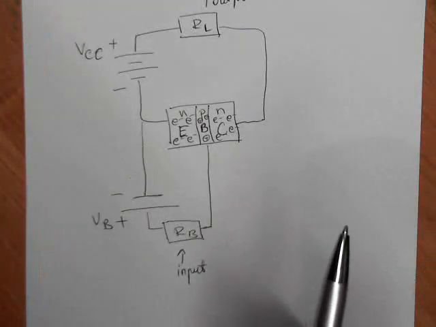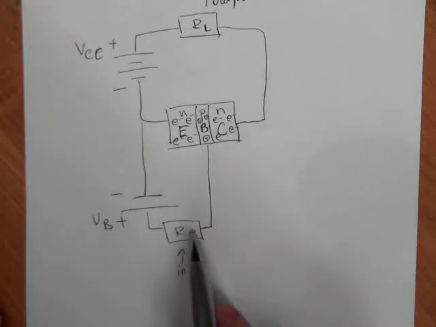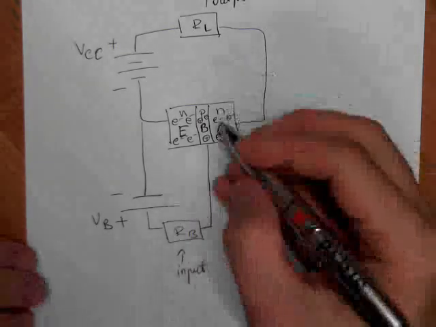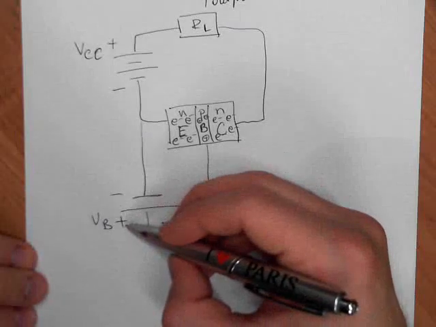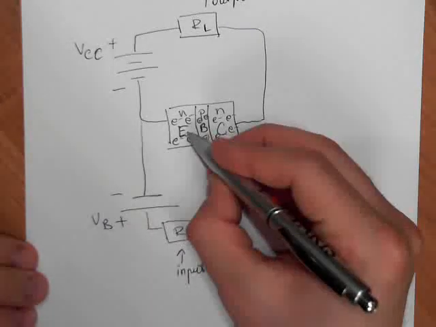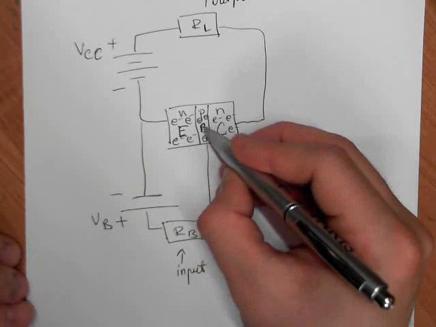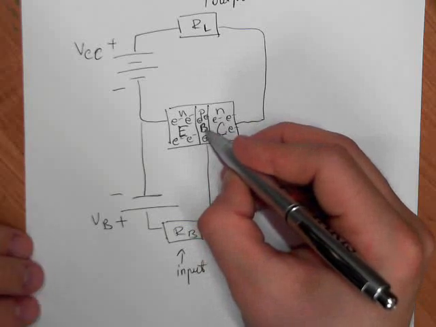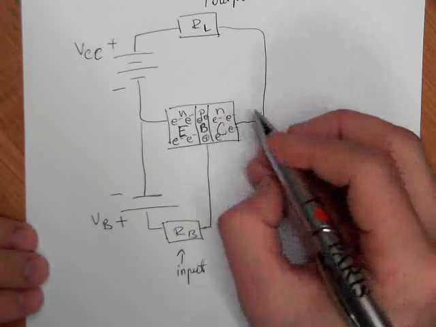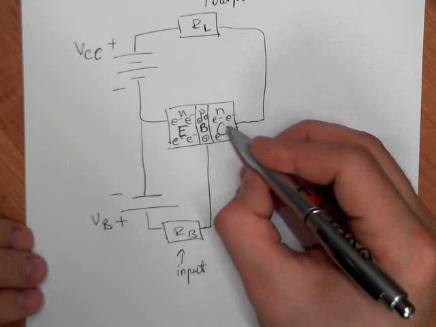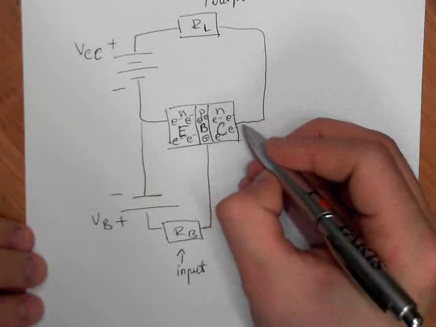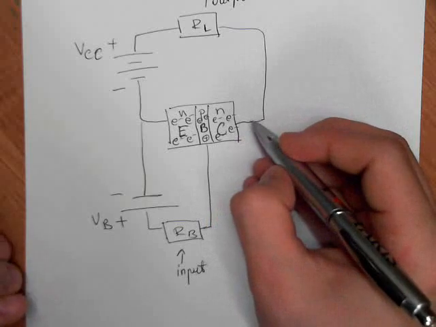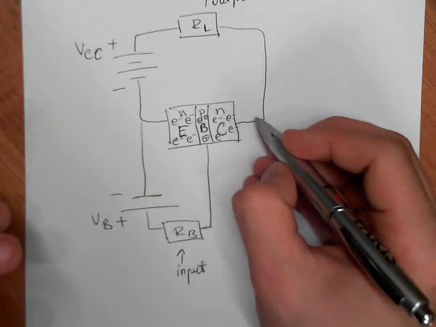Now when it is forward biased, electrons are attracted by this plus and they move to the base. In the base some of them recombine, but most of them go to the collector and they produce collector current. So the working principle is the same as it was before.